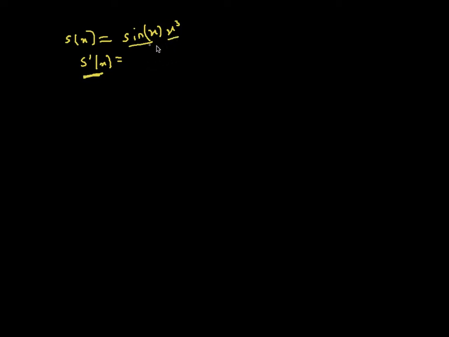So these two are differentiable functions, so you can treat them independently. You can take them as f of x and g of x, so these two functions are sine x and x cube respectively.